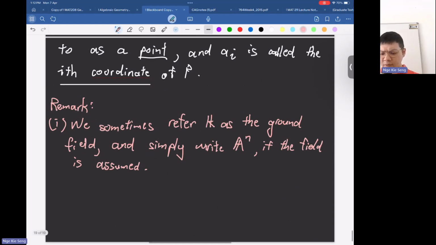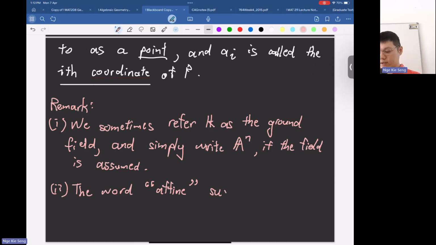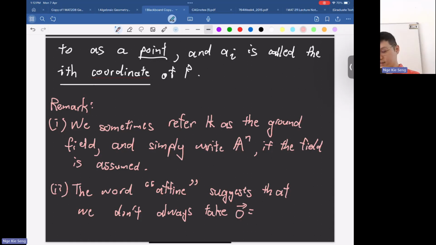And why is it affine? Typically, affine means that we don't really care where we put our origin. So affine suggests that we don't always take 0, 0 as our origin, or the additive identity. We don't often take the additive identity as our origin.